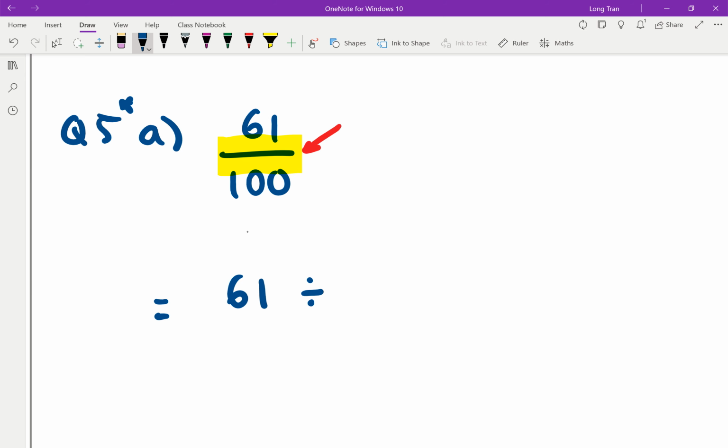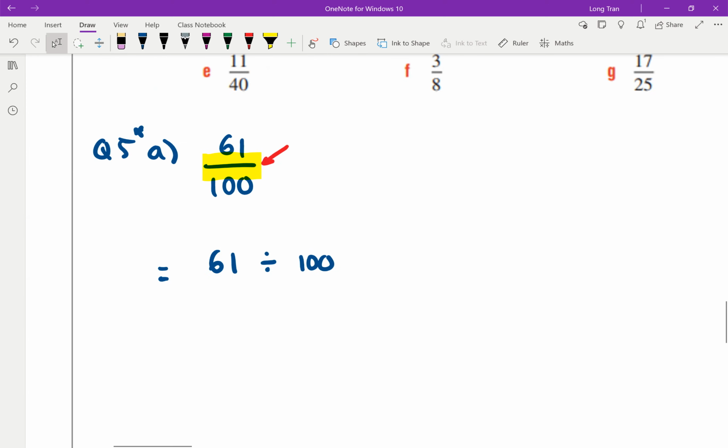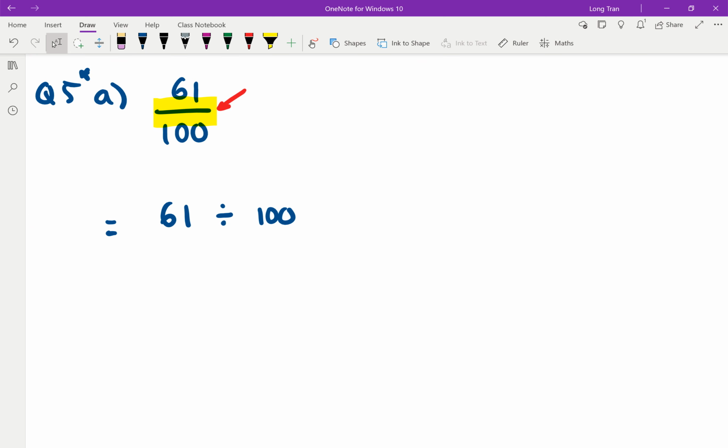This says 61 divide 100. Now we've learnt at the start of this session about multiples of 10 and what you're actually doing when you're dividing or multiplying. 61 divided by 100, we know 61 is like 61.0.